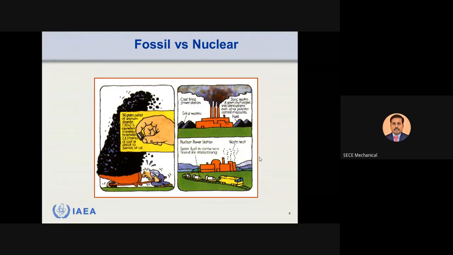If any leakage comes out of a nuclear power plant, that means radiation comes out, it will affect the people and the environment.